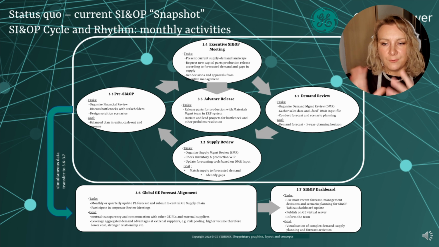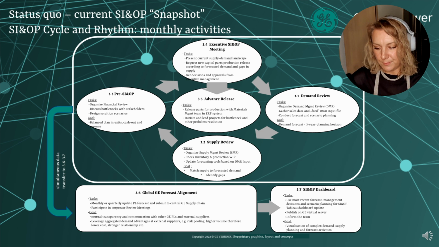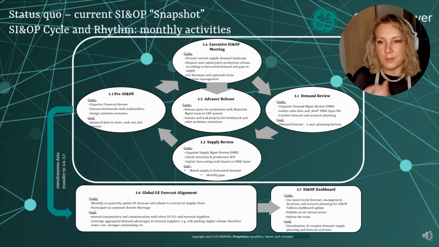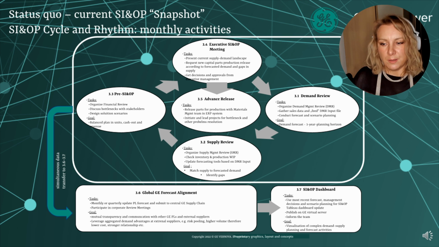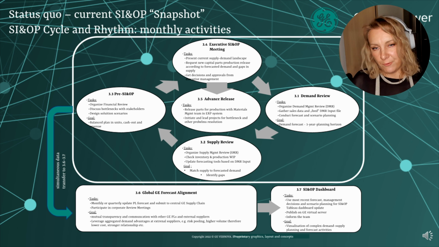After the identification of the way forward, of the challenges, gaps, and bottlenecks, if there is something we cannot solve right away, in pre-SNOP meetings we sit together with the functional managers. I introduce my proposals. We discuss the gaps and bottlenecks and see which types of solutions we can propose to the executive management.